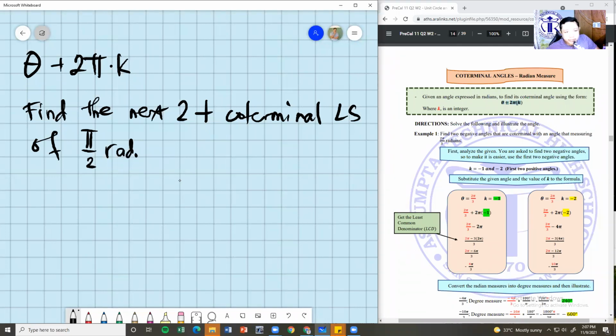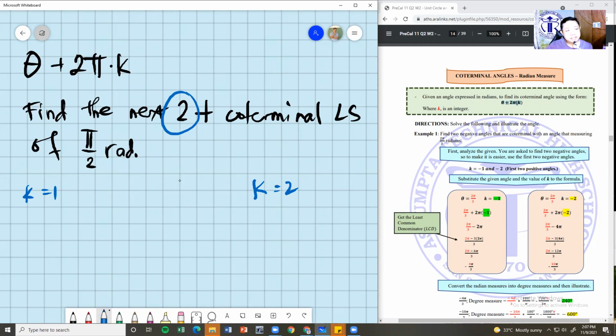Okay, go. So how is that? I will do the first and then you do the second. So for k is equal to 1, because I need to find the next two. The first one will be k equal to 1, and then you will solve k equal to 2 for the second positive coterminal angle. Okay?